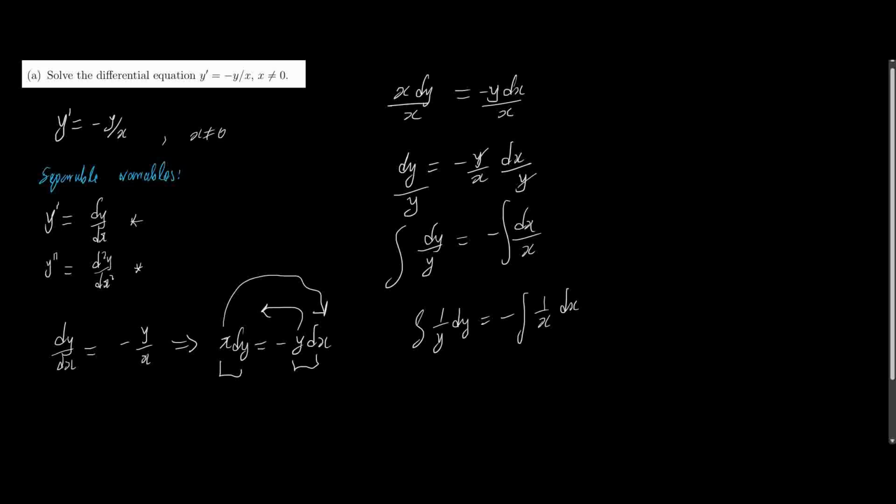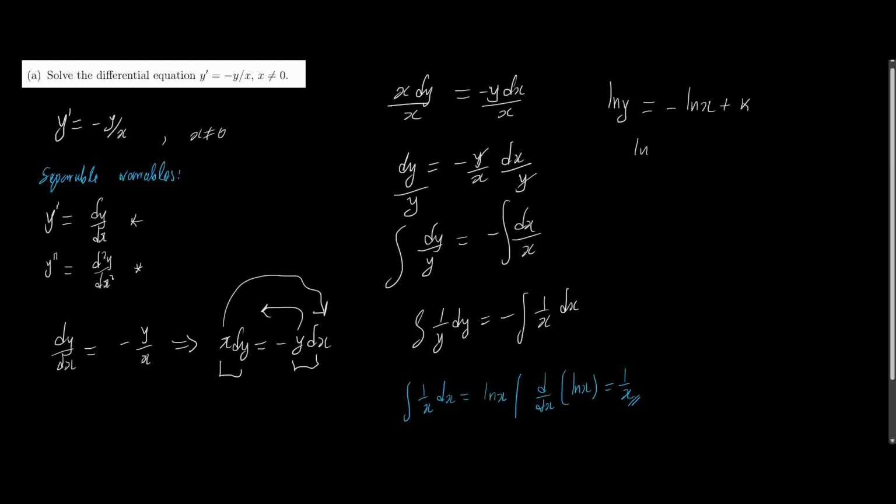It's a standard formula that the integral of 1 over x dx is ln of x, and the derivative with respect to x of ln of x is always 1 on x. You have to know this. So our result is ln of y equals minus ln of x plus our constant k.